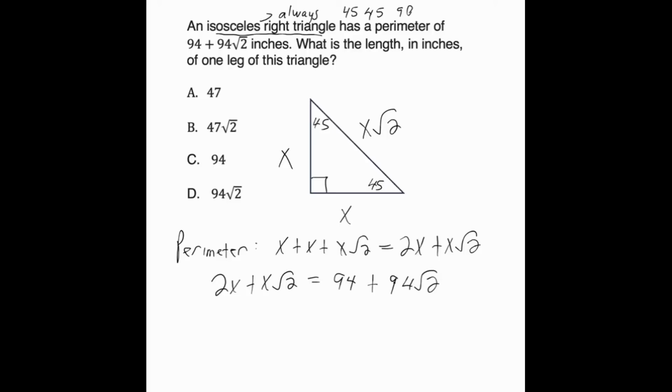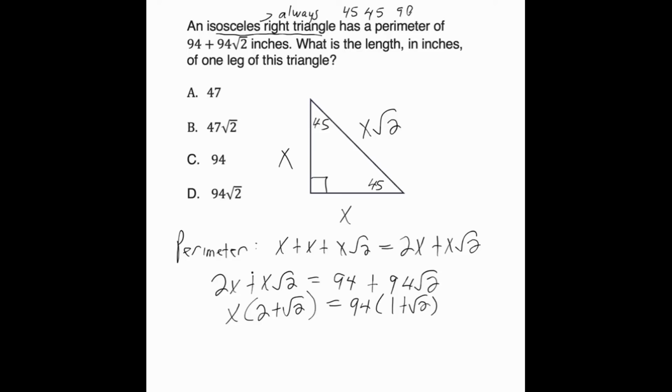And we're not out of the woods yet. This is still a little challenging. On the left-hand side, we can factor out an x, and that'll leave us with 2 plus root 2. And on the right-hand side, we can factor out a 94, and that'll leave us with 94 times 1 plus root 2.